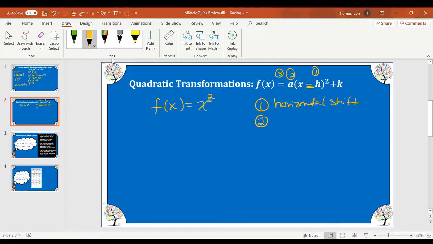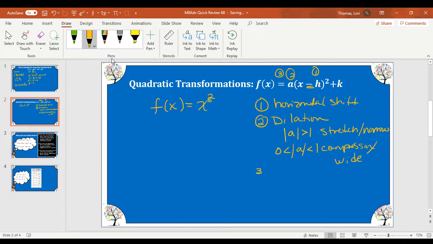The first thing is it could tell you that our parent function is being dilated. If the absolute value of a is more than 1, that is a stretch. Our graph is more narrow. If the absolute value of a is between 0 and 1, this is a vertical compression, and this gives a wider graph.